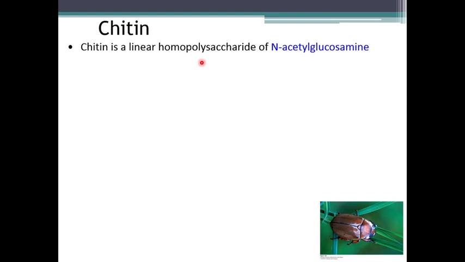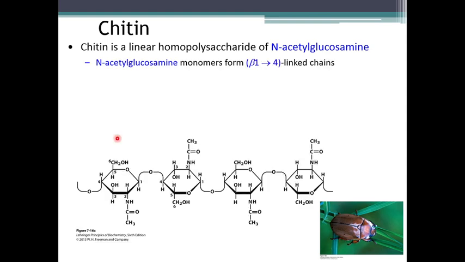Chitin is a linear homopolysaccharide of N-acetylglucosamine. As I said before, chitin forms the protective covering, or the exoskeleton, of insects. N-acetylglucosamine monomers form beta-1,4 linked chains, and they form extended fibers that are similar to those of cellulose.